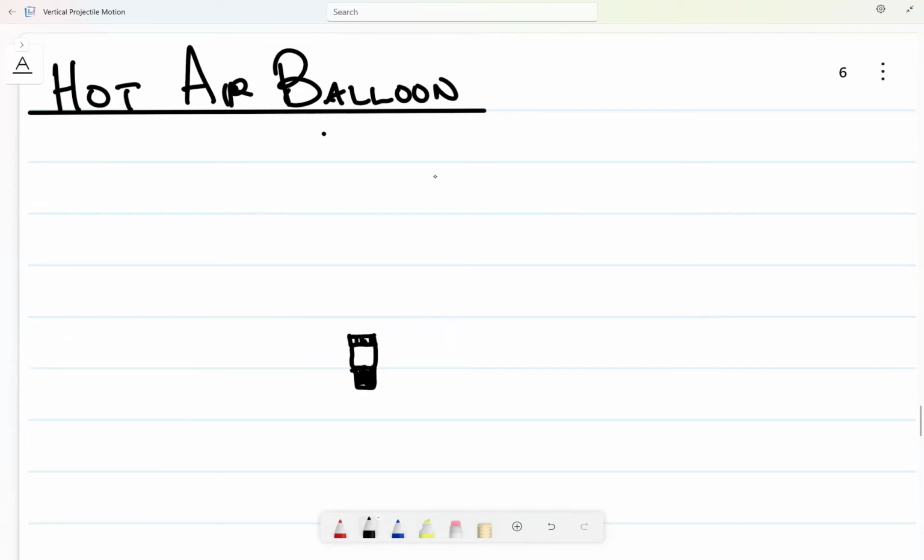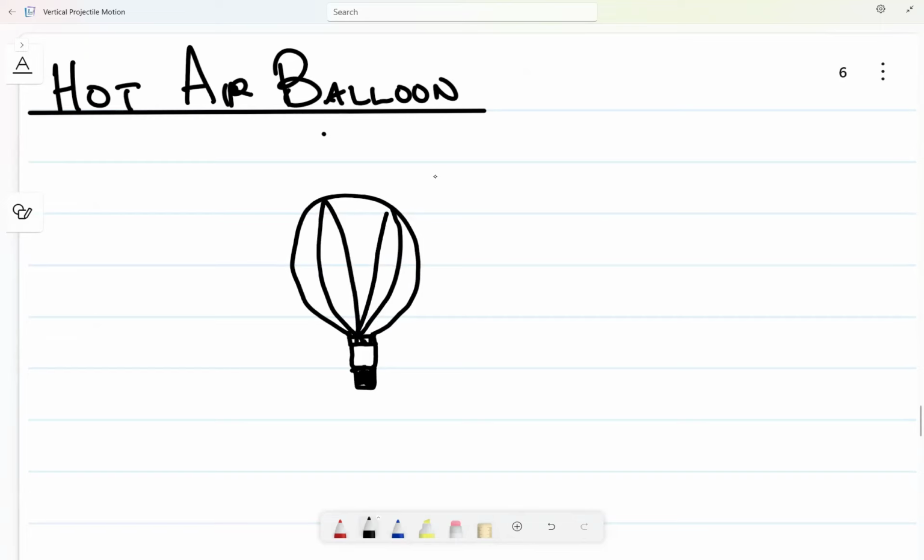Okay. Then this is not a globe, but it is a hot air balloon. Okay. It is a hot air balloon, not a bulb. I don't know how to draw, but this is a hot air balloon.